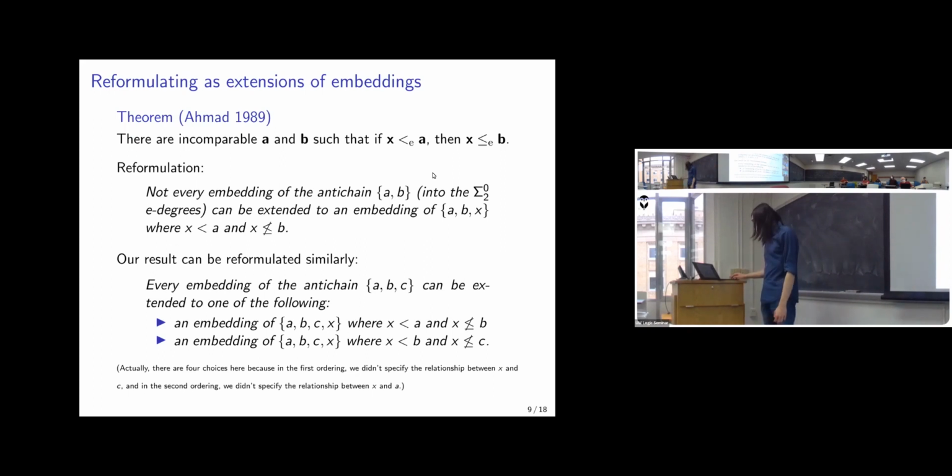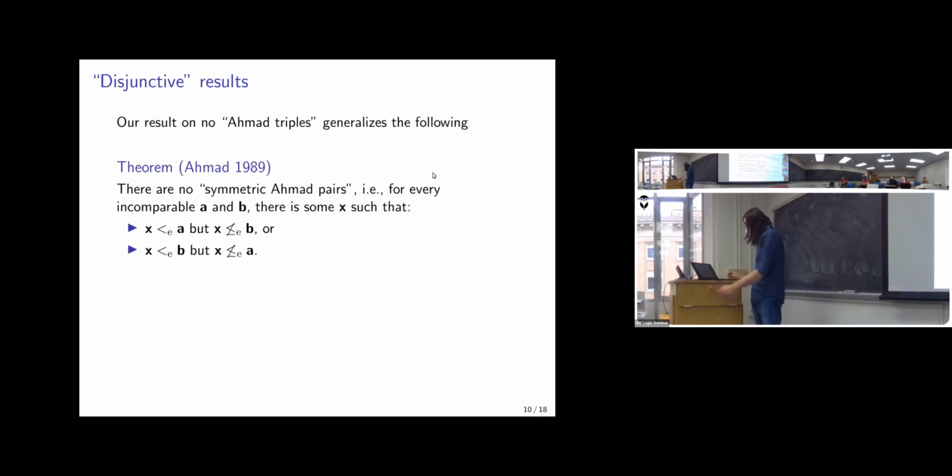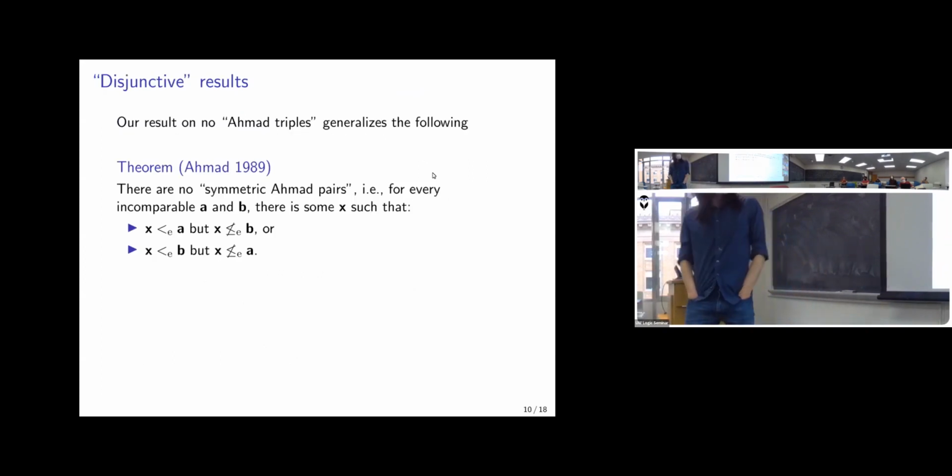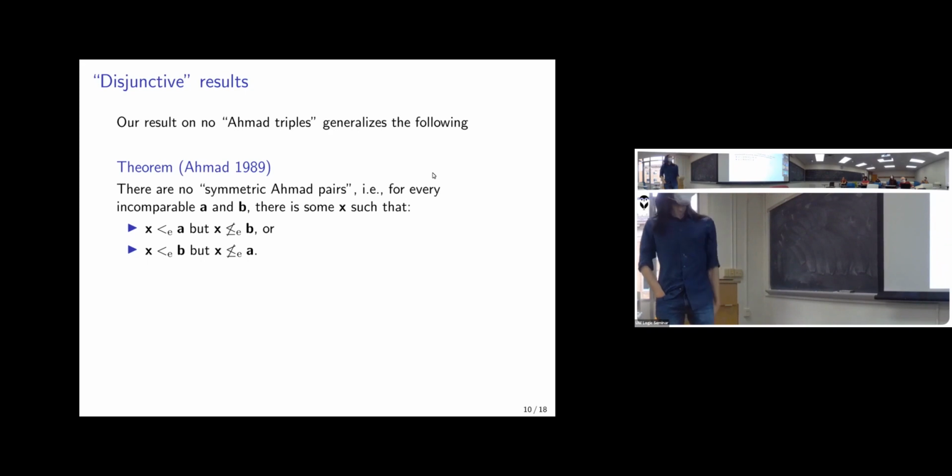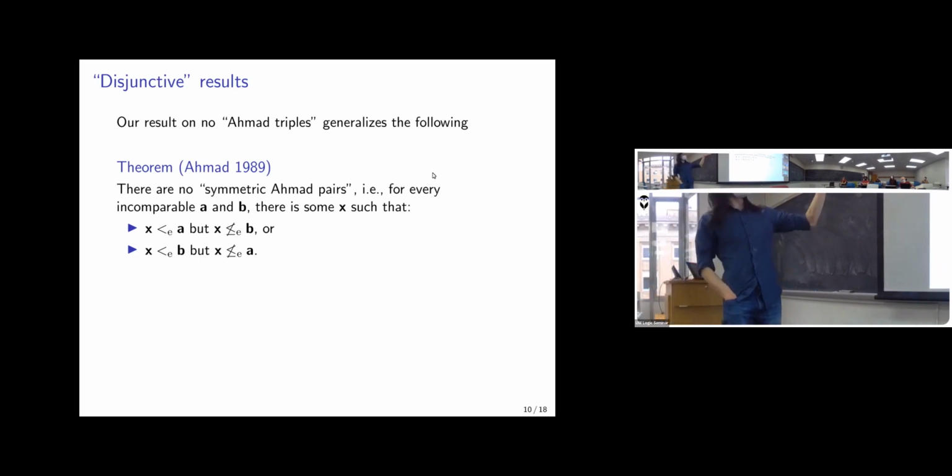I'd like to say that this has a precedent in Ahmad's work as well. Our result on no Ahmad triples, the theorem that I just talked about, says that there are no Ahmad triples. It generalizes Ahmad's result that there are no symmetric Ahmad pairs. What that means is the following.